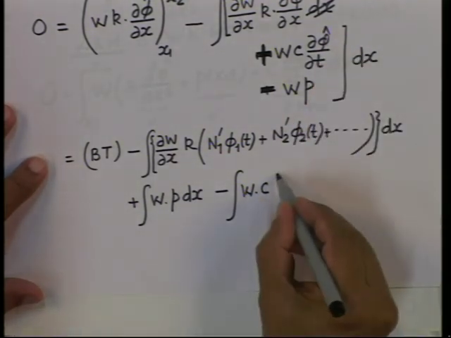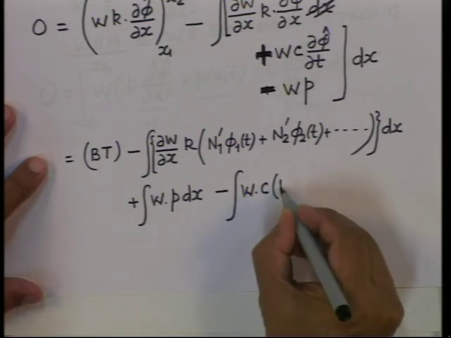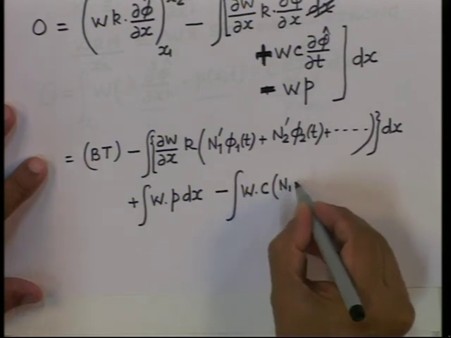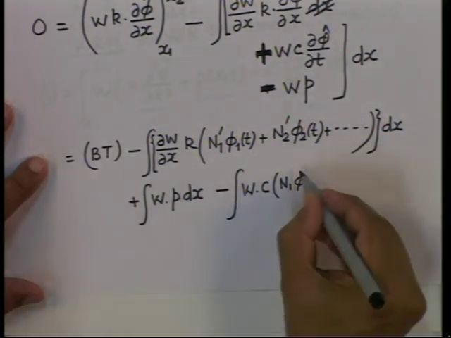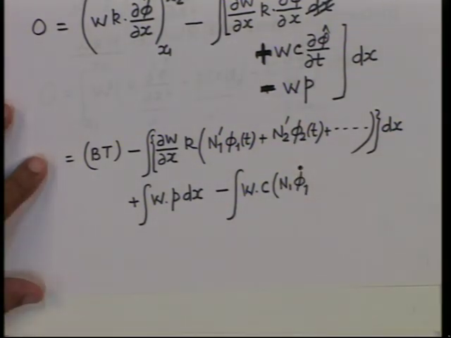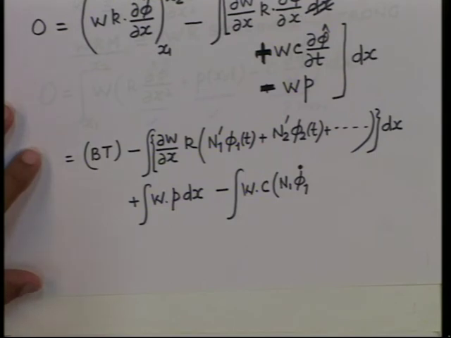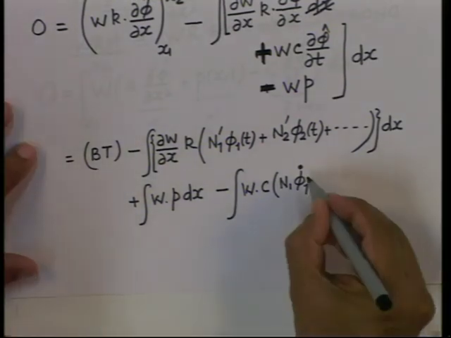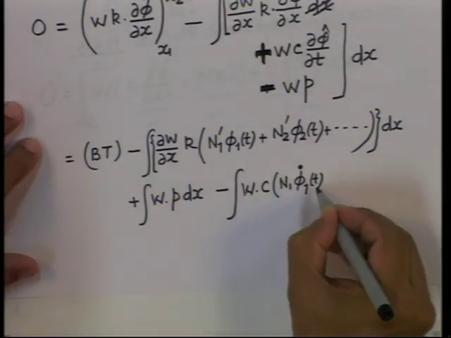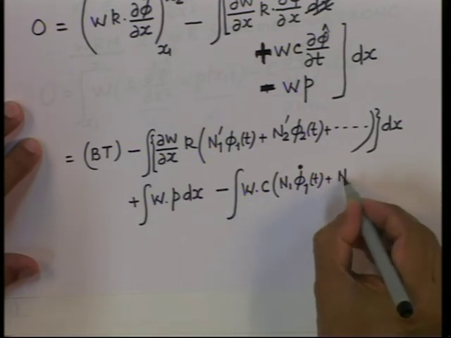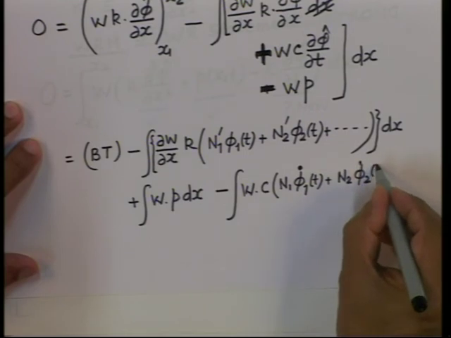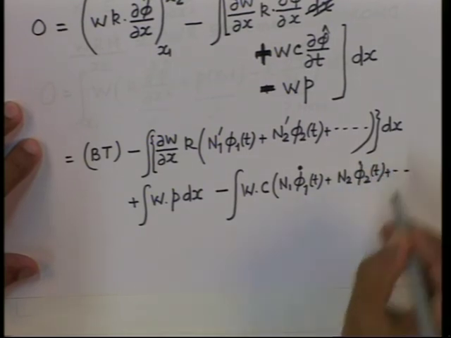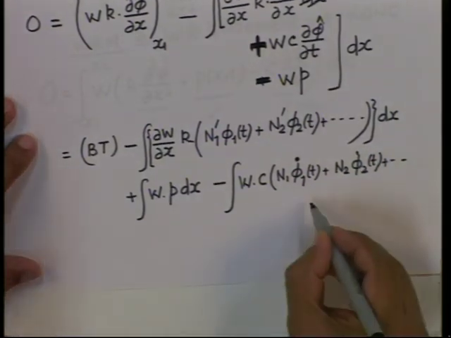So it will be N1 φ1. Now, I will write here φ1 dot. φ1 dot means derivative with respect to time, plus N2. So that one you have to have a bracket.